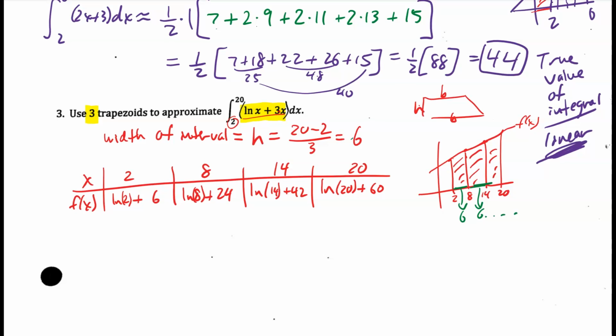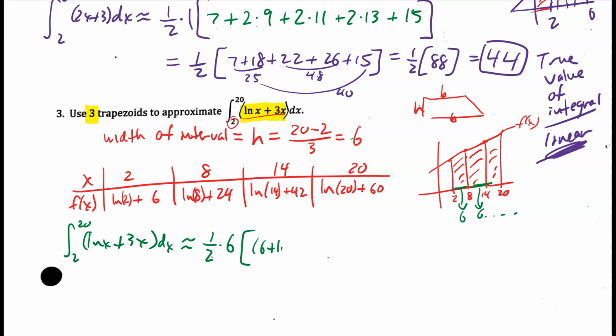All right, so keep in mind what we did on the last problem where we did this little doubling thing. So the integral from 2 to 20, ln of x plus 3x dx can be approximated by, we're going to go put the 1/2 out front. We're also going to put that common height of 6 out front. And then inside, we're going to take these guys right here. I'm going to be slick about it.